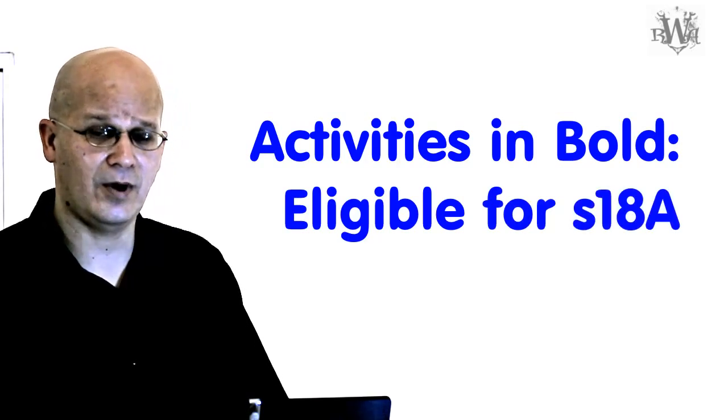And page number 4 up to page number 7 will give you an indication of whether or not your organization actually carries on one or more public benefit activities. So there are over 60 public benefit activities. As you go through page number 4 to page number 7, you'll see that some of them are in bold and some are not in bold.